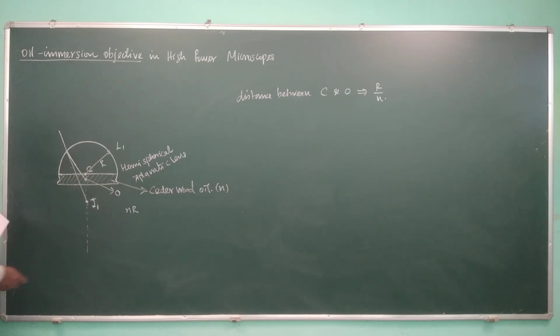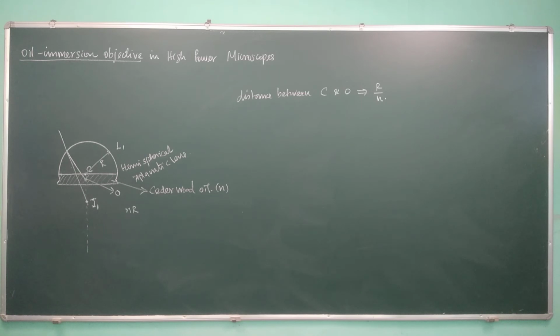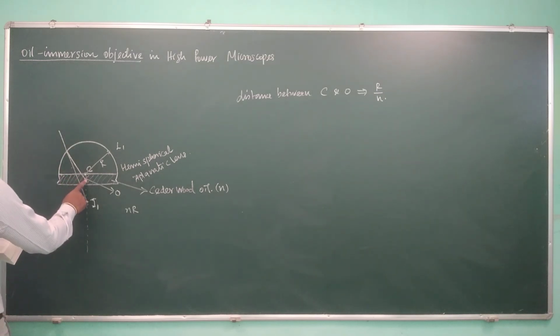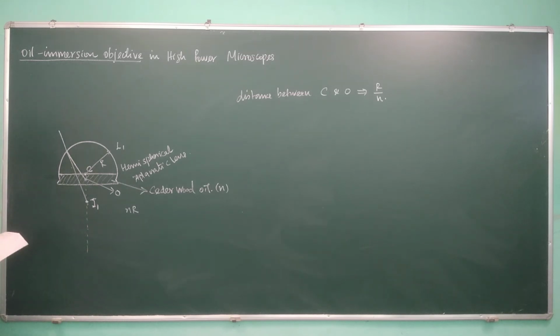So for this lens system, O and I are the two aplanatic points, right? Hence, all rays starting from O, after refraction, appear to be coming from I1. Okay, this is the first case.